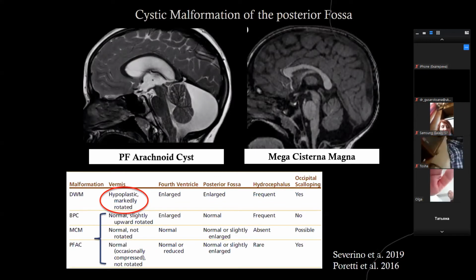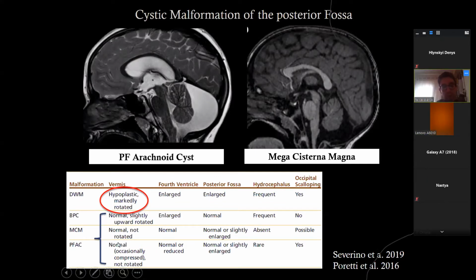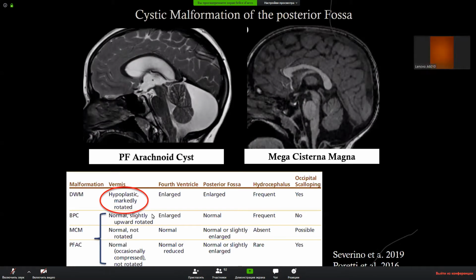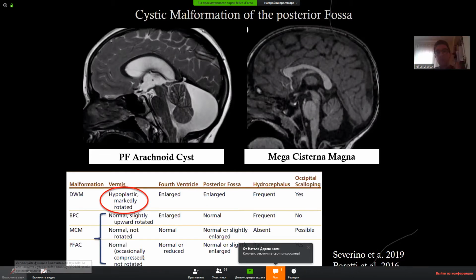The others have a normal vermis. The difference between the Blake pouch cyst and the other malformations is that in the Blake pouch cyst, the fourth ventricle is enlarged.